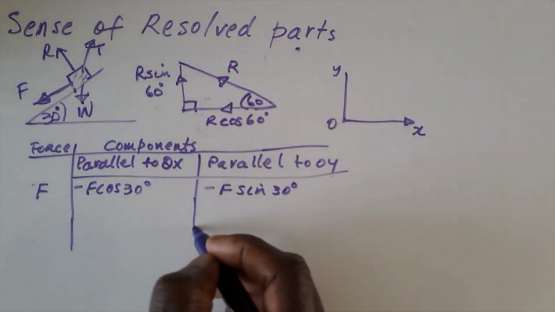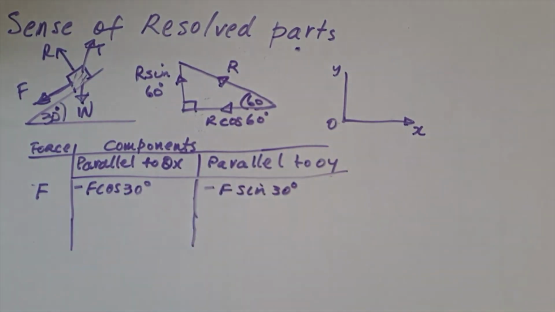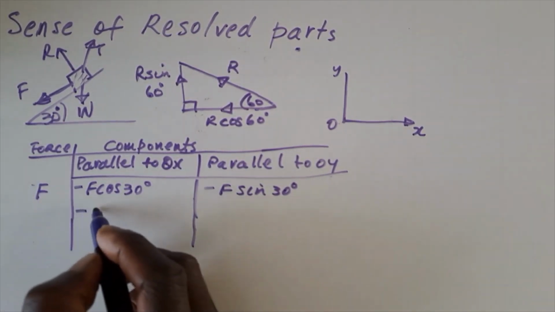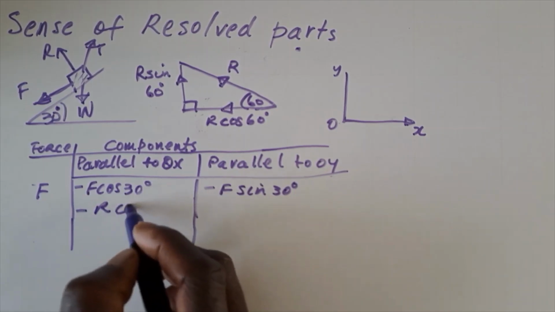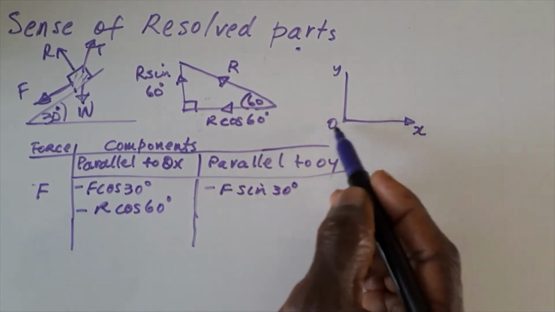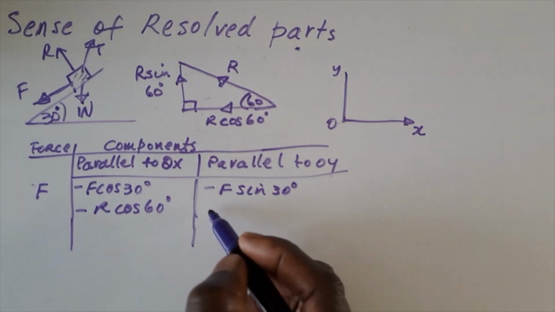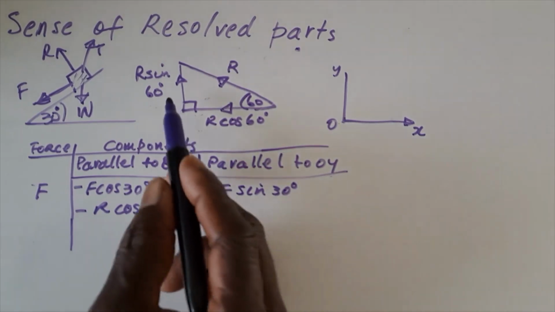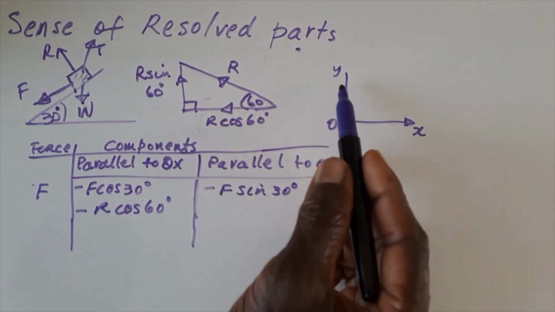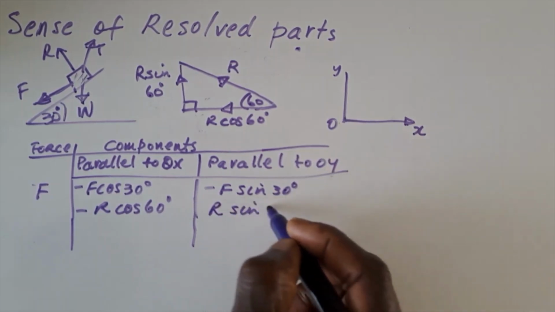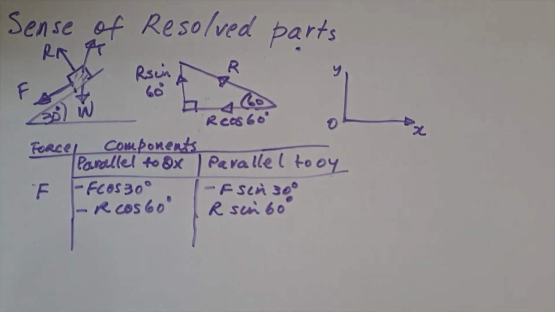And to add a precise specification for each component, we have minus R cosine 60 degrees. As you can see, it's parallel to OX going in the opposite direction, and R sine 60 is parallel to OY and in the same direction, so it's positive: R sine 60 degrees.